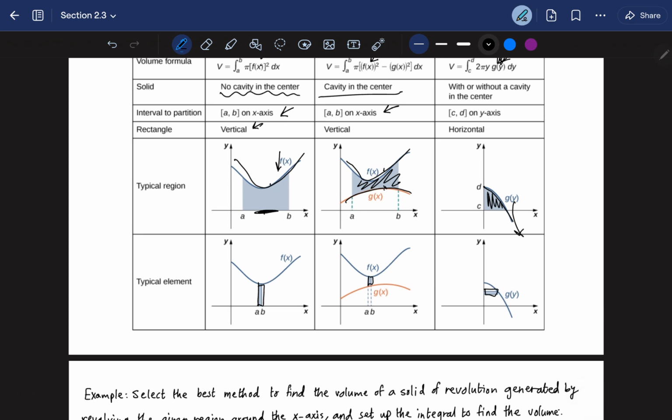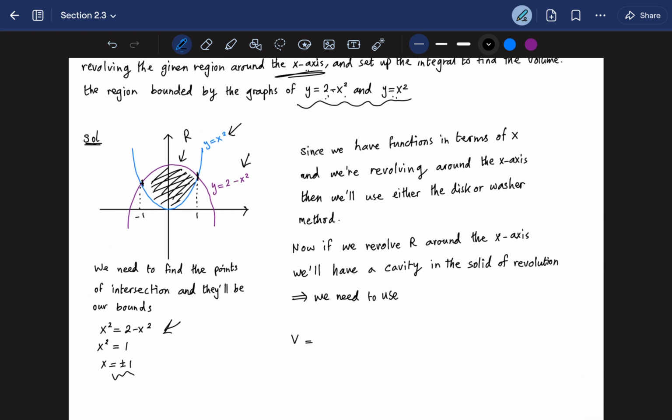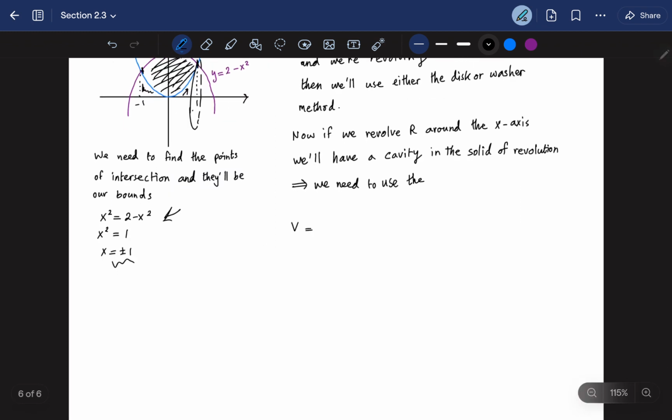So I think we're going to need to use the washer method here, right? Because we're going to have a cavity. Once you revolve this around the x-axis, this part here would create a cavity, and this part here would create a cavity. So that's why we're going to need to use the washer method.